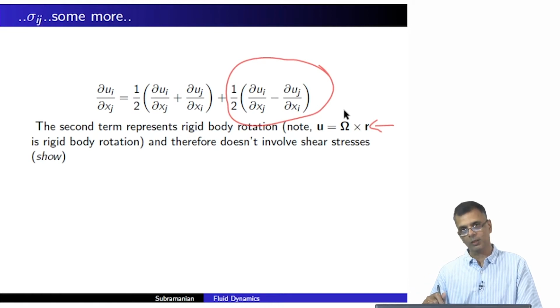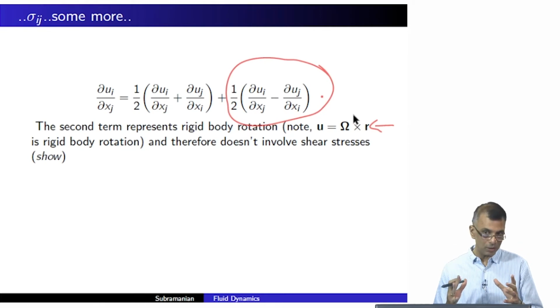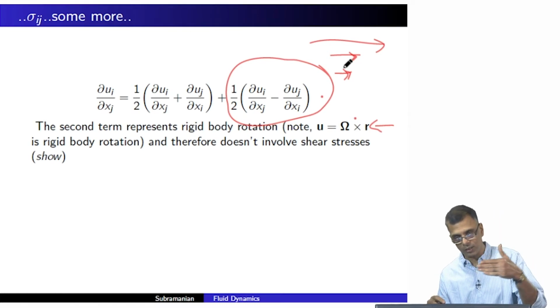And you can show this. It's not hard to show that this really is this kind. So, whenever you have rigid body rotation, the rotation is rigid. There's no question of velocity streamlines looking like this. These are arrows. There's no question of velocity streamlines decreasing.